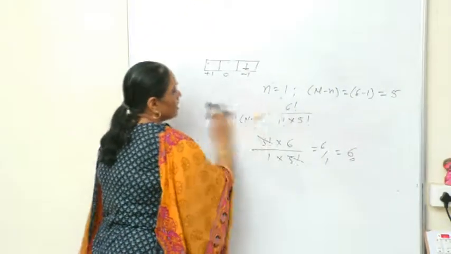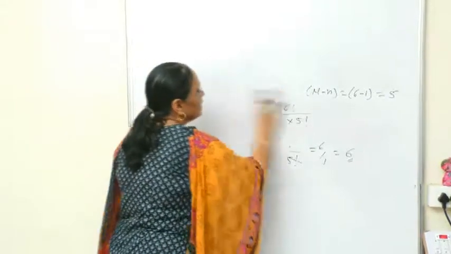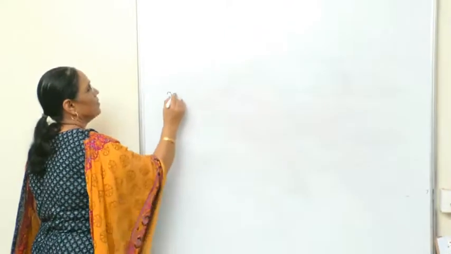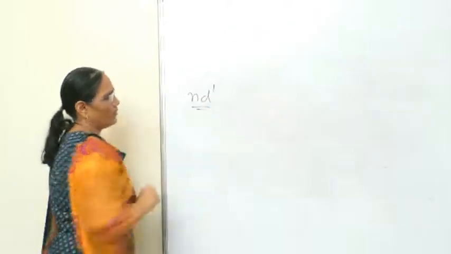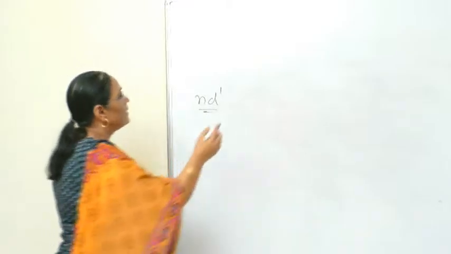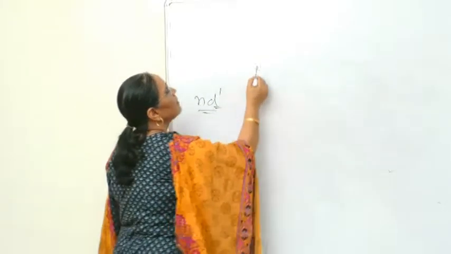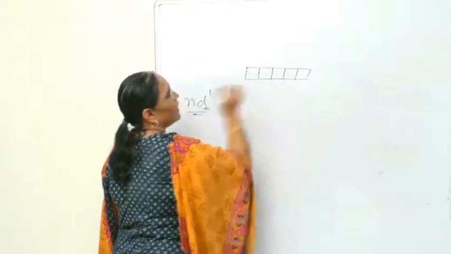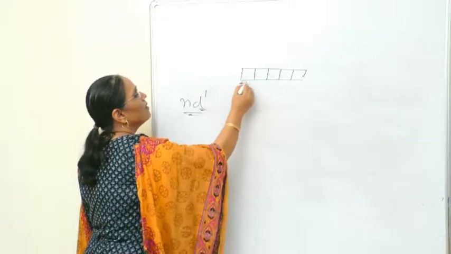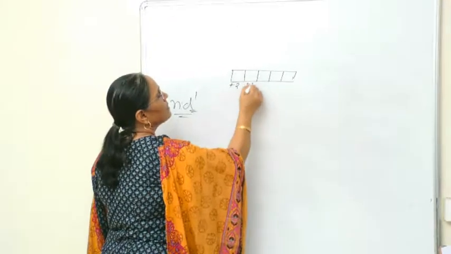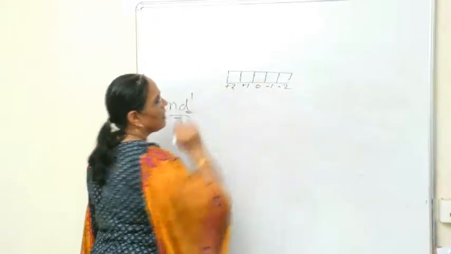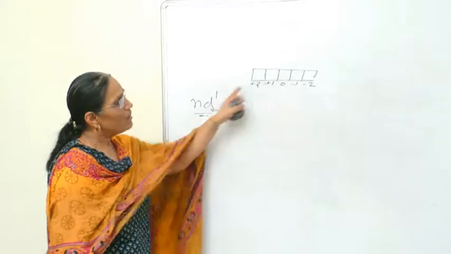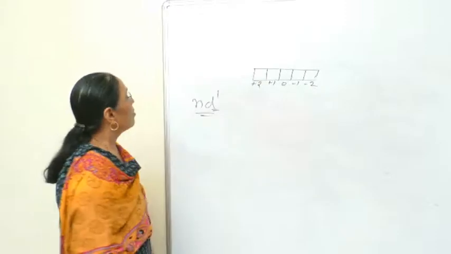One more example that we'll see is the nd1 configuration for transition metal ions. For the d orbital, there are 5 ml values: +2, +1, 0, -1 and -2. So we have to arrange this single electron in different ways in these 5 d orbitals.